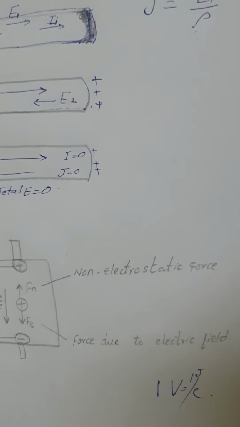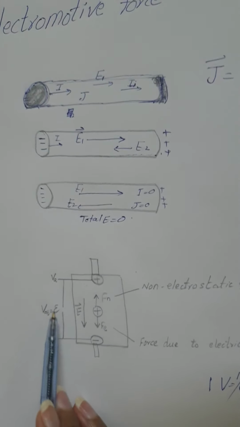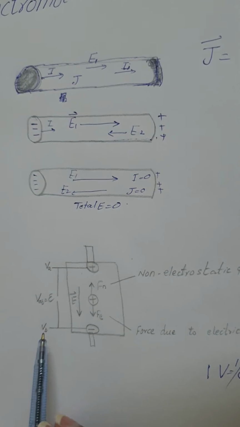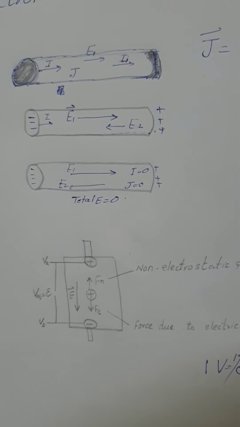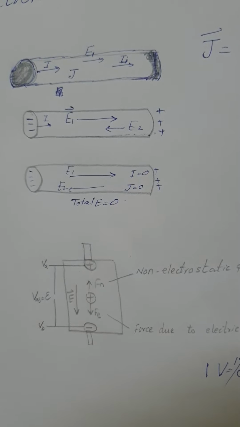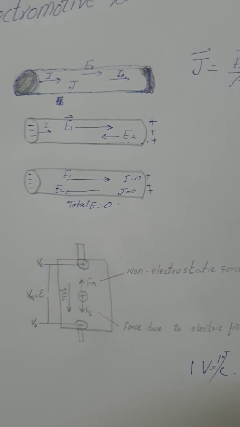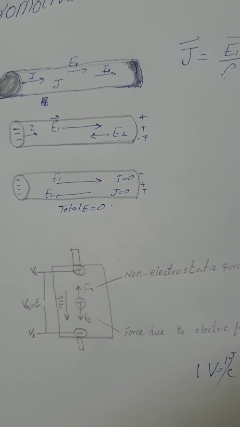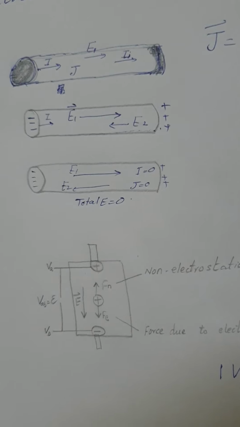Such a device is called a source of EMF. Batteries, electrical generators, solar cells, thermocouples, and fuel cells are some examples of sources of EMF. All these devices convert energy of some form into electrical potential energy and then transfer it to the circuit to which the device is connected.